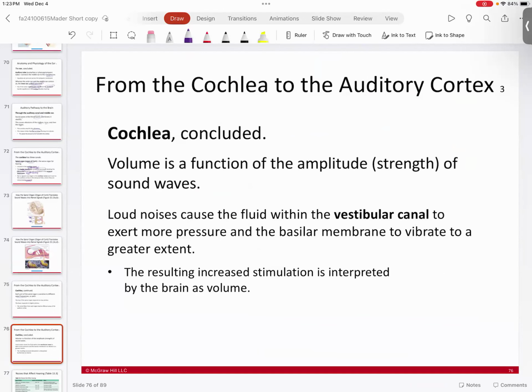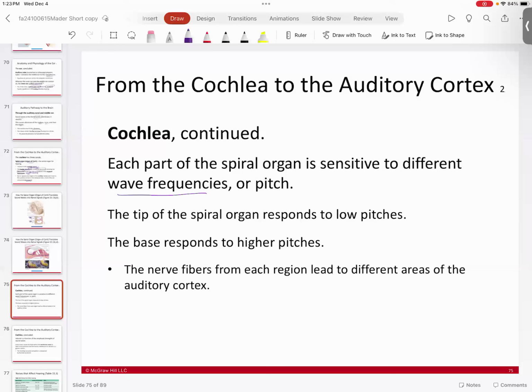So for instance, remember frequency is associated with wavelength. The idea is frequency is the number of peaks you get per unit space.